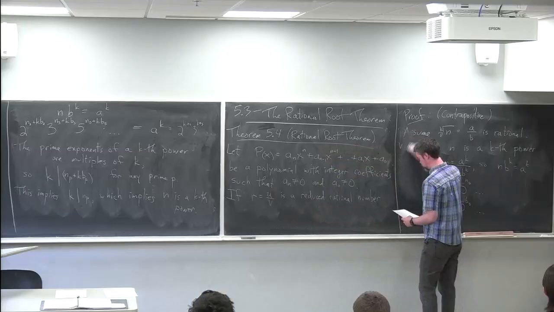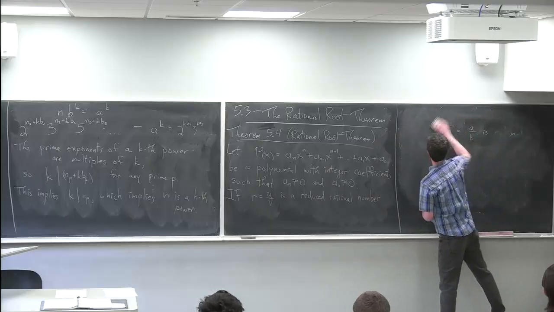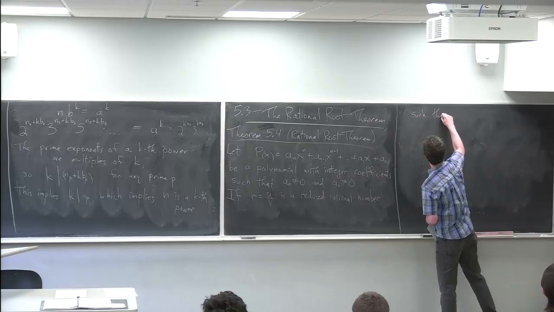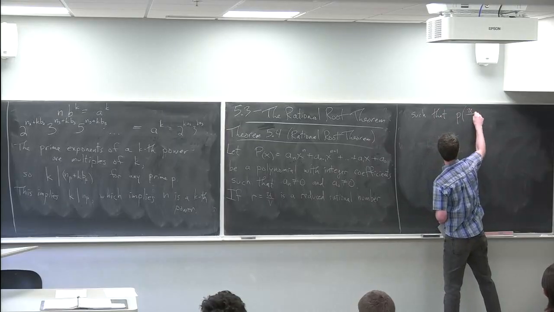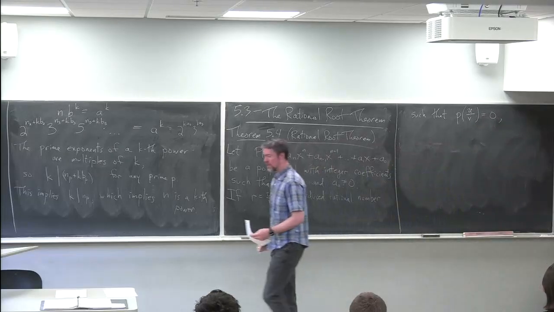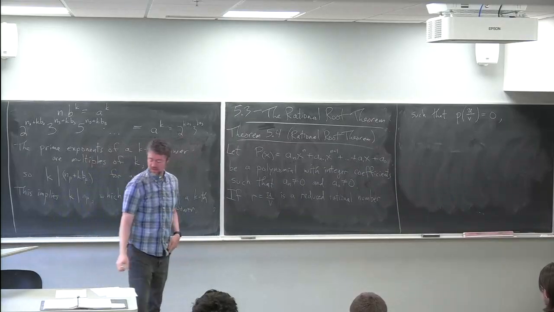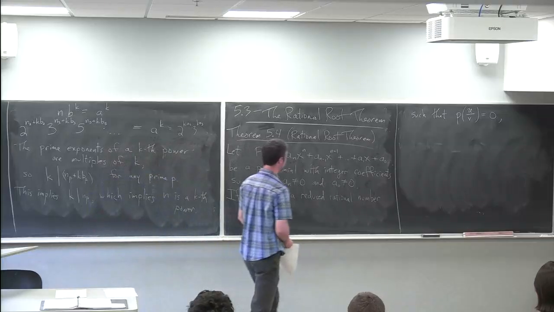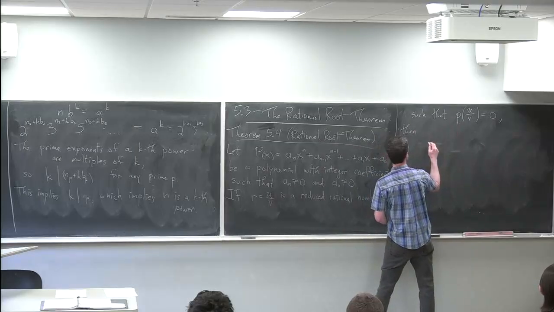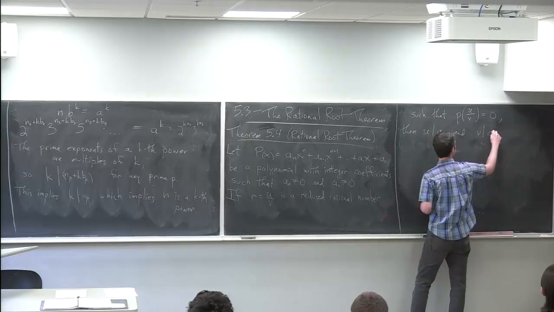If this is a reduced rational number which is a root of p, that means with the property that if you plug it into the polynomial, you get 0. A polynomial like this should have no more than n roots, and if we say we have a rational one, the conclusion is going to be that we get some divisibility for u and v. So u is going to divide a_0, and v is going to divide a_n.